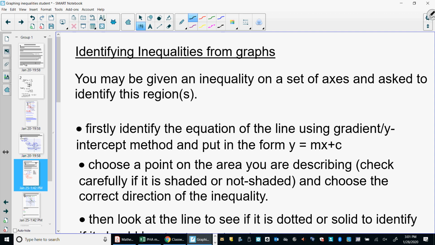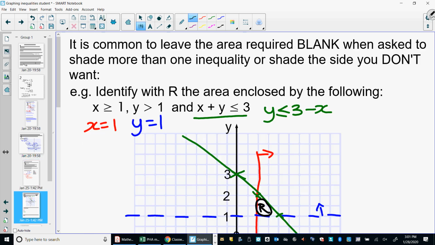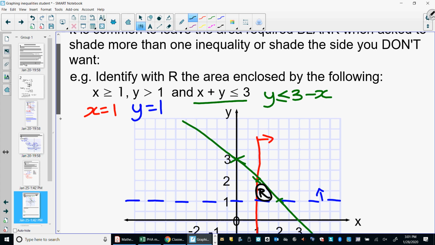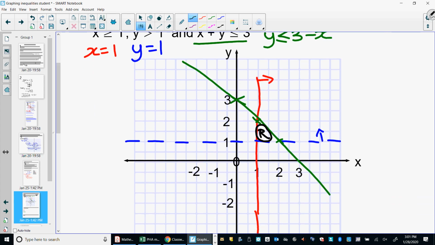How do you know that the diagonal is going down? Like how do we know it's over here? It's a minus. Well, there's no way that you're going to have an area enclosed by all 3 lines unless it is on this side.